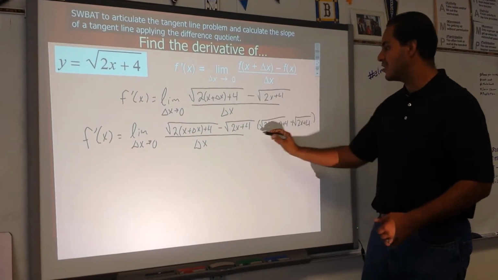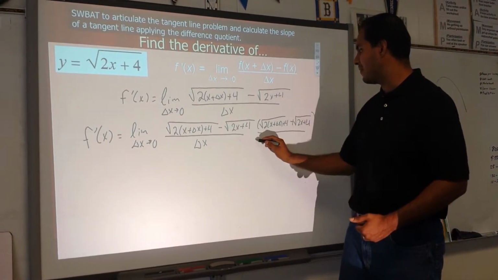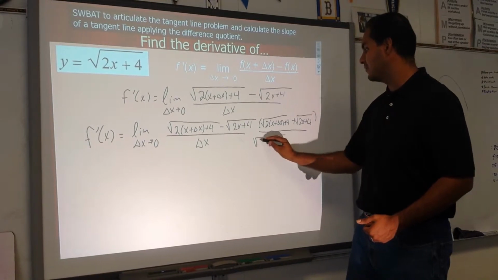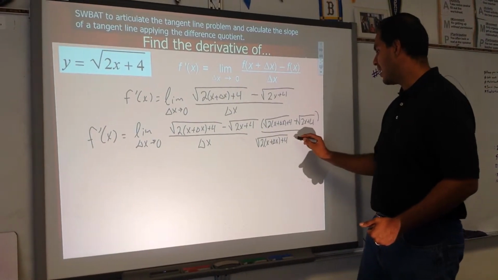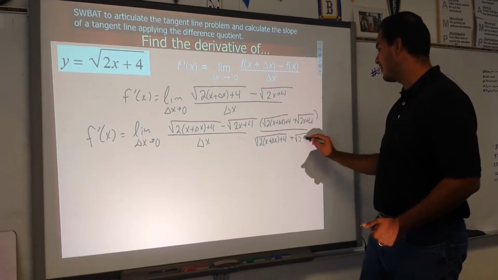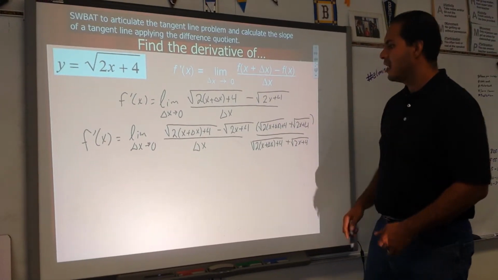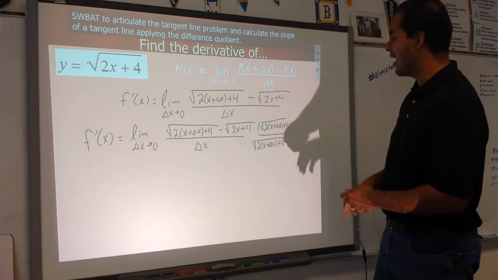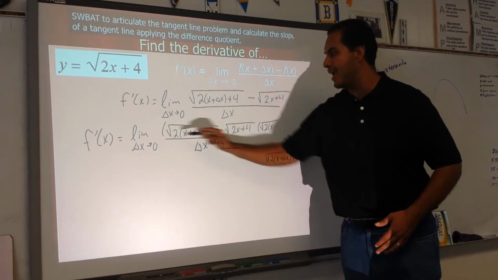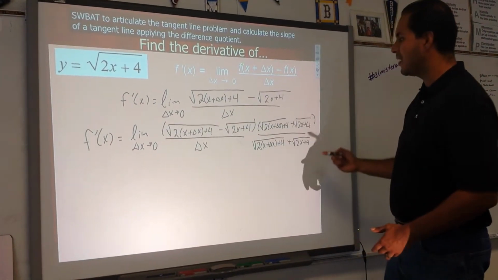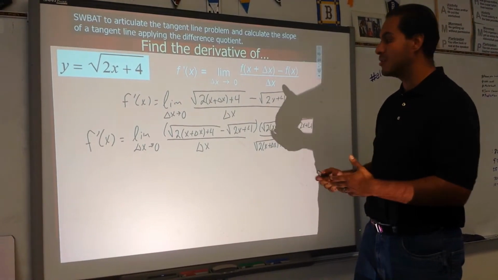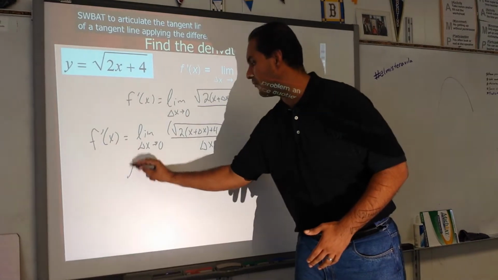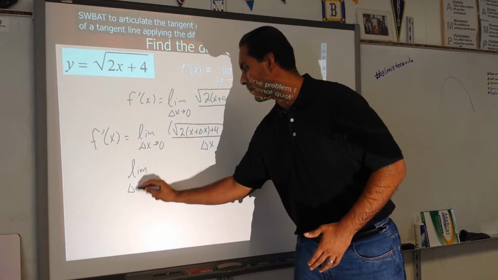If you're seeing this for the first time, then this might not be the best video for you right now, but this technique is called the rationalizing technique, and like I said, I'm multiplying by the conjugate. The reason this works out nicely is that we now have the form a minus b times a plus b, which in algebra equals a squared minus b squared. That is going to allow us to clear the square roots from the numerator.